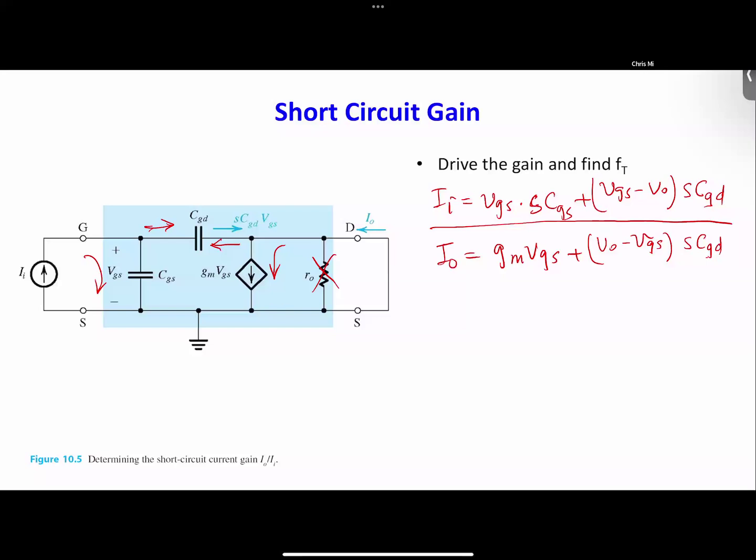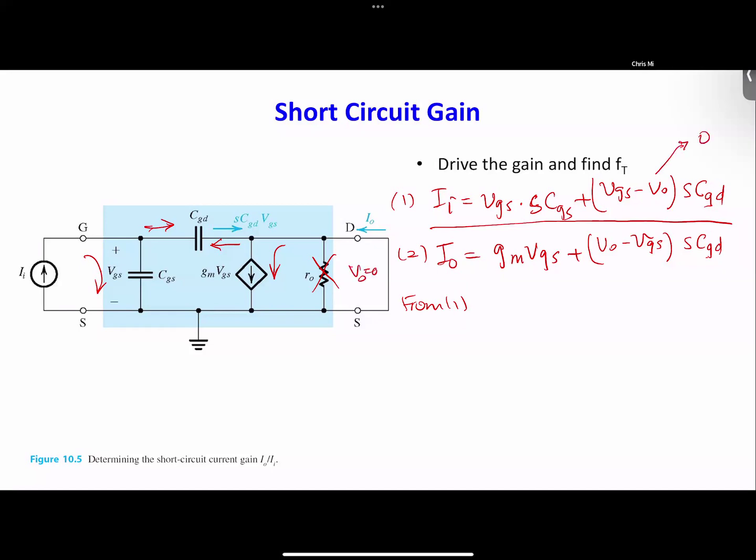So from equations 1 and 2. From 1, VO is zero, right?